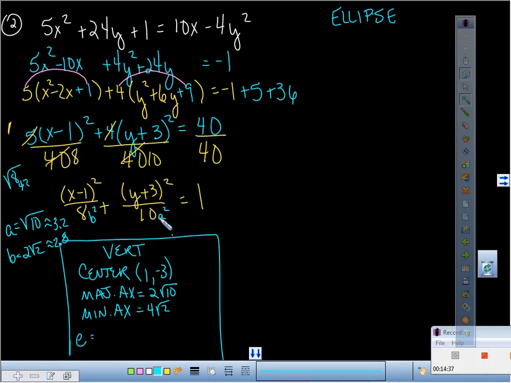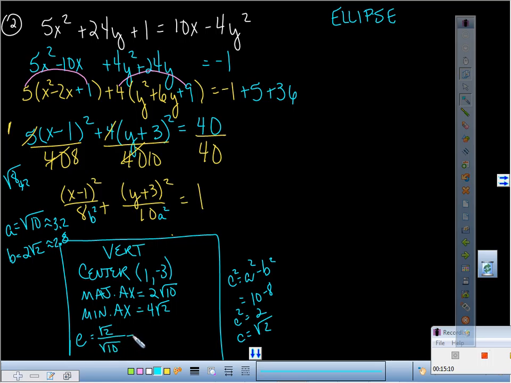We've got a, so we have to find c. c squared is equal to a squared minus b squared. That should be written on your paper somewhere. So that's going to be 10 minus 8. So c squared is 2, so c is the square root of 2. So e is the square root of 2 over the square root of 10.